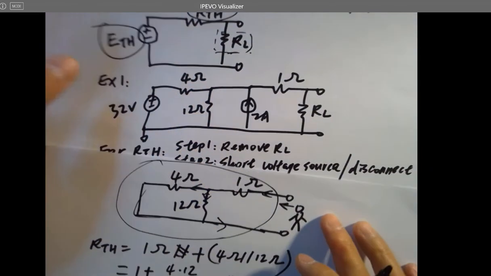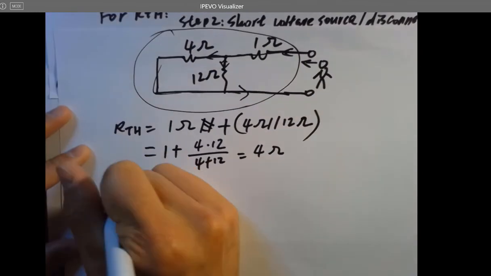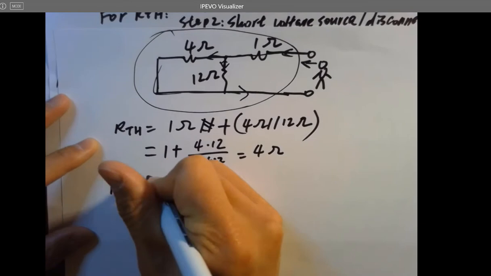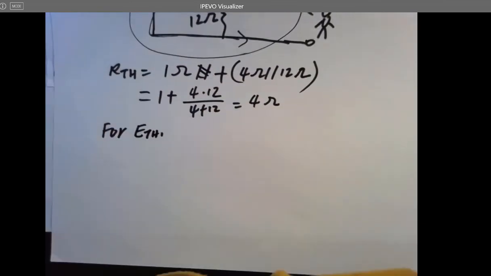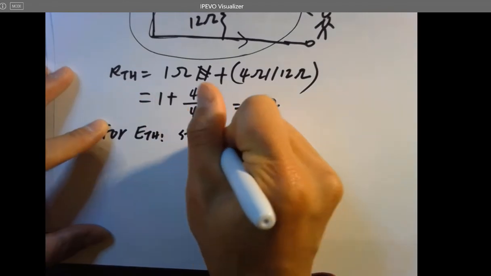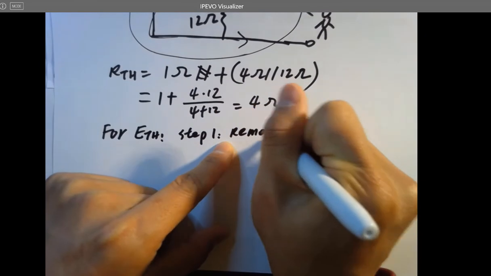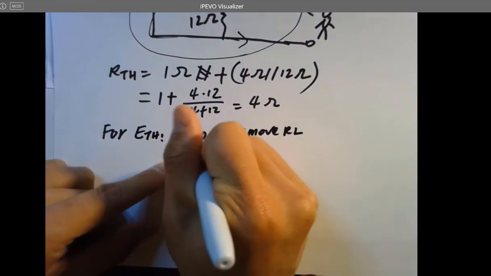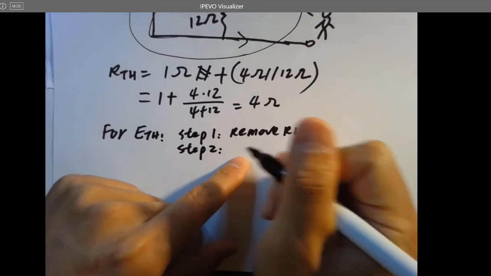What about ETH? The procedure to find ETH is as follows. For ETH, step 1, remove RL. Step 2, ETH is the voltage at the output terminal.